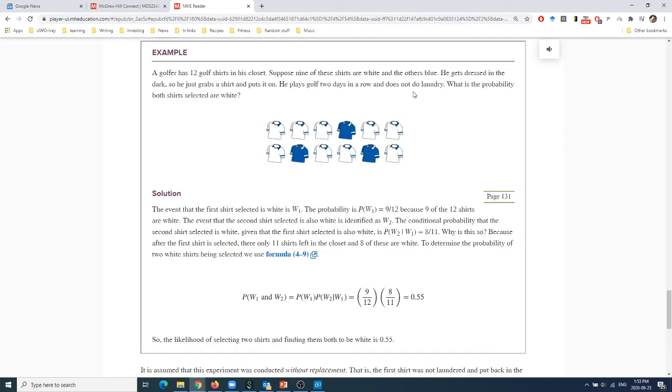He does not do laundry yet, so the clothes do not go back into the closet right away, but into the laundry basket. So after he takes out one t-shirt for the first day, for the second day there will be only 11 t-shirts remaining. So the action of the first day affects the probabilities of the second day.